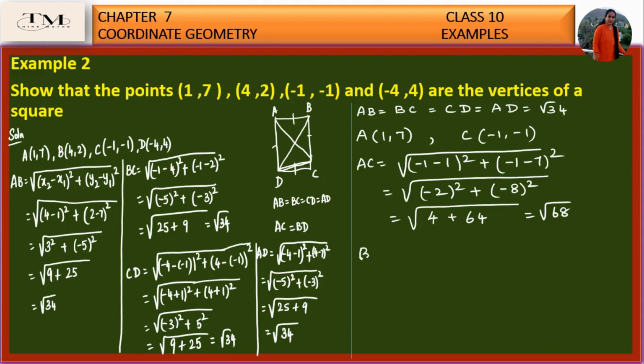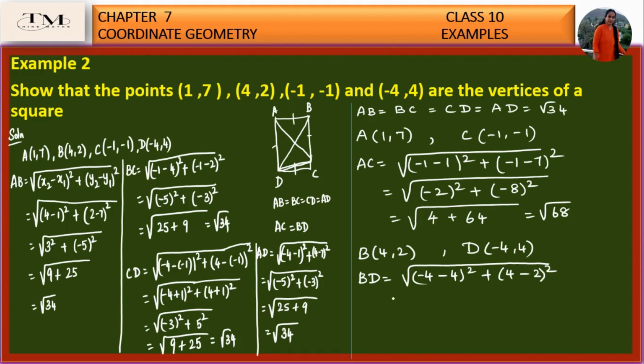Next let us check for the diagonal BD. So what is B? B is (4, 2) and D is (minus 4, 4). So what is the distance BD? BD is equal to square root of (x2, which is minus 4, minus x1, which is 4) whole square plus (y2, 4, minus y1, which is 2) whole square. So minus 8 whole square, 4 minus 2 is 2 square.